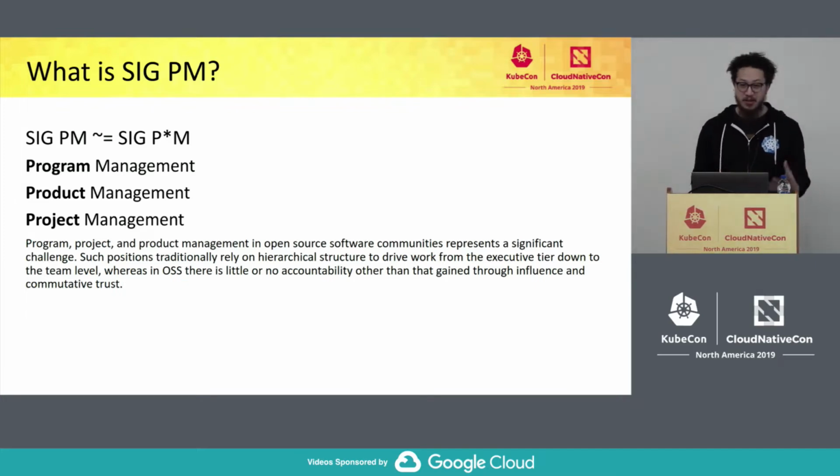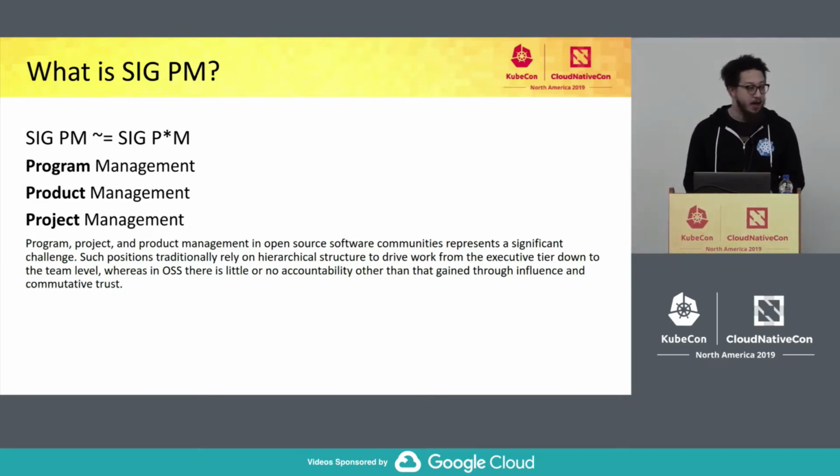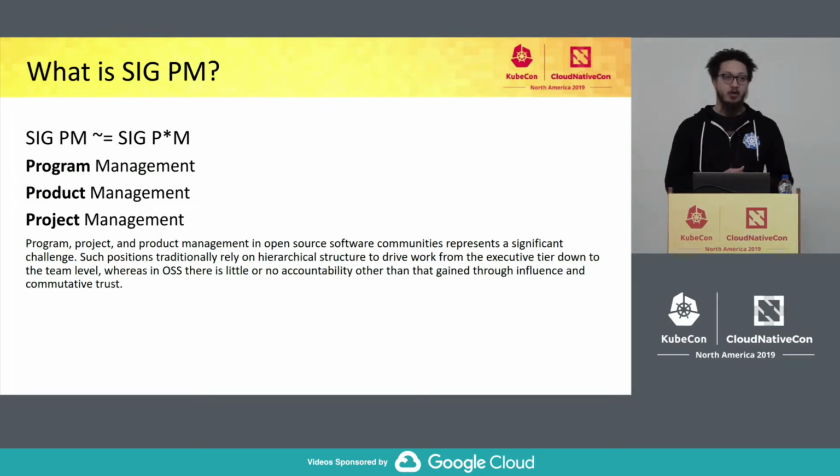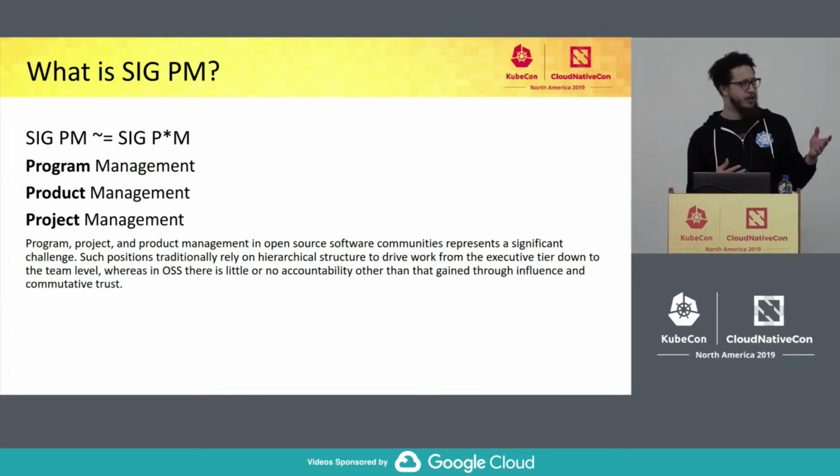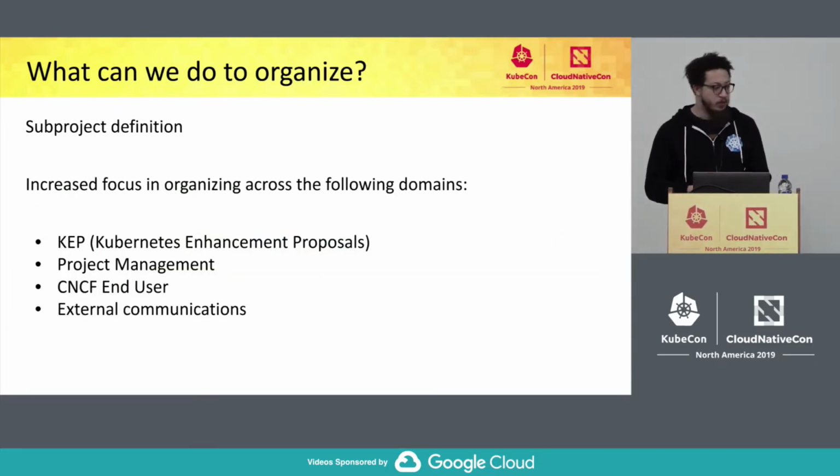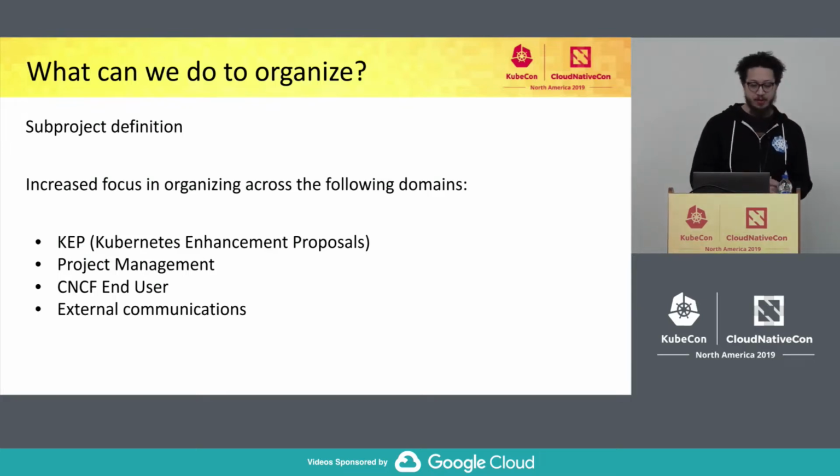So we're essentially trying to build this idea by building trust within the community, right? Leveraging and really understanding the specific use cases that people have across the 32, 33 at this point, SIGs that live in the community. So what can we do to organize some of this effort?